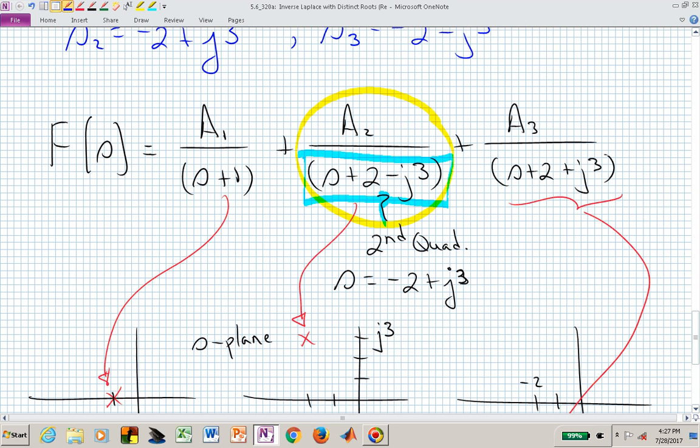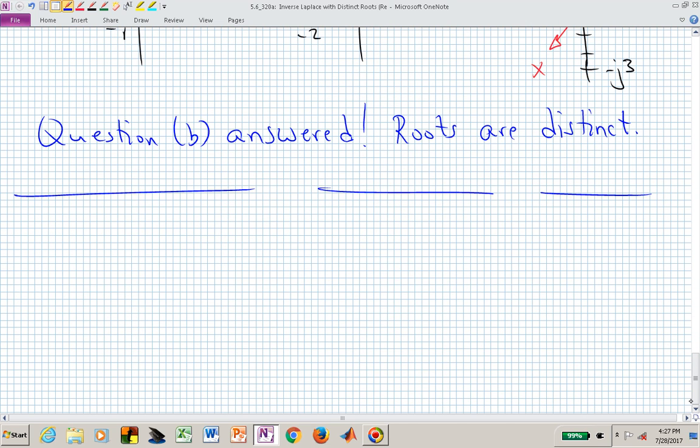Let's do that for A1. A1 is just like we've done all along. We're now doing the cover-up method, but now A1 is equal to s plus 1, that factor that lives underneath A1, times the original transform, F of s, and we want to evaluate that result at the value of s that causes that s plus 1 factor to vanish.